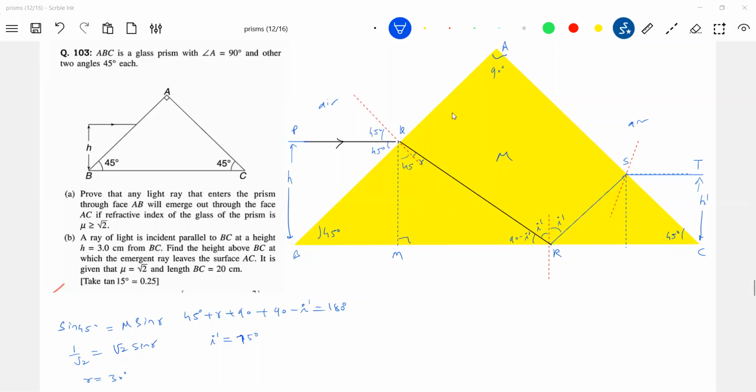Okay, I got the I dash. So I dash is 75, and the remaining angle will be 15 degrees.